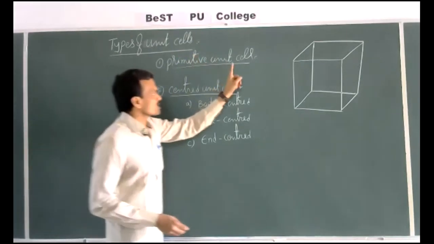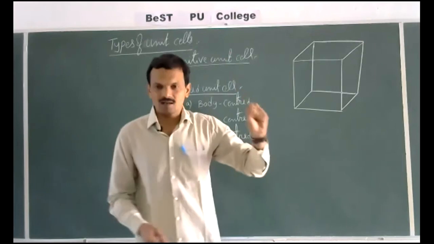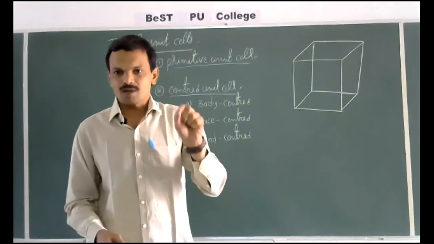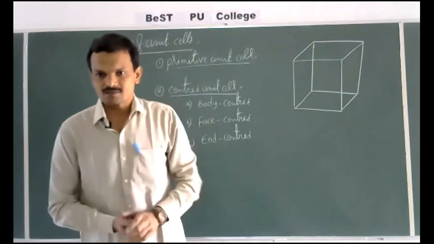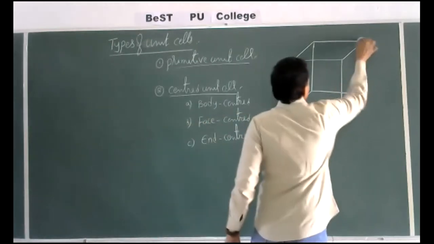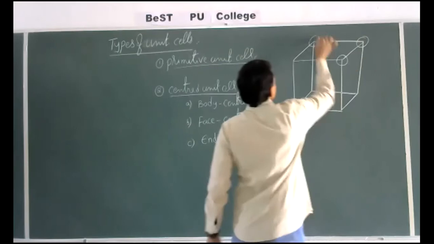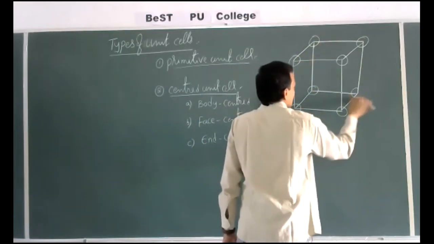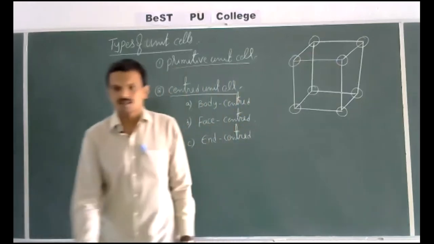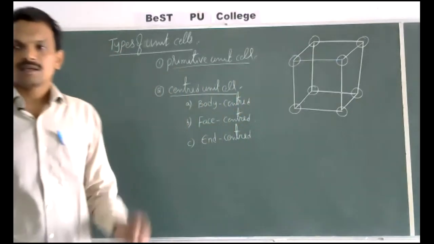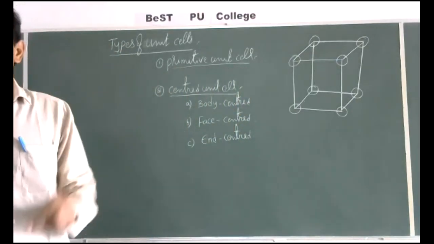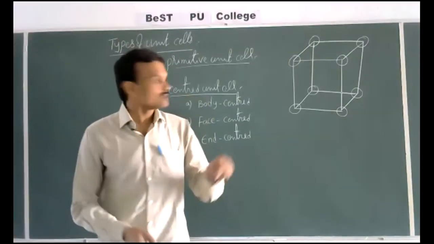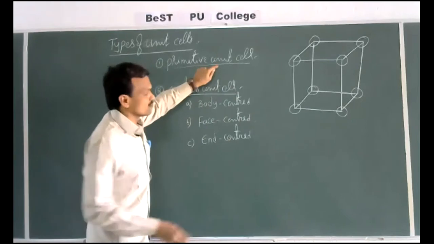Primitive unit cell means the unit cell which consists of the particles present only at the corners. See, this is 1, 2, 3, 4, 5, 6, 7, 8. If a unit cell consists of the constituent particles only at the corners, that is called a primitive unit cell.